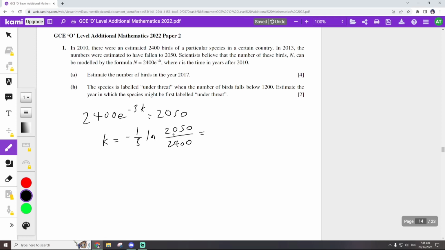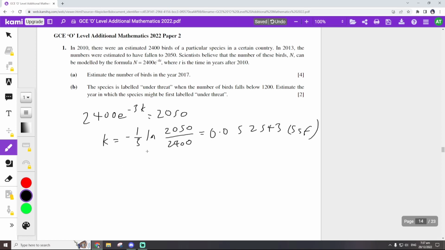Where's my calculator? And you'll get 0.052543 for SF. Always use 2 extra SFs in calculations.